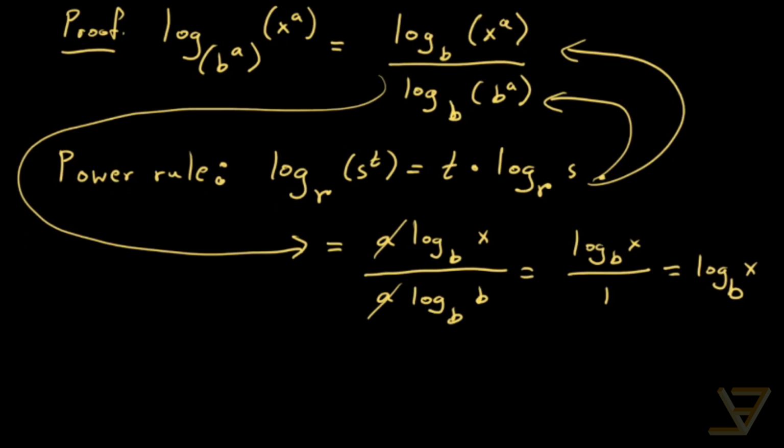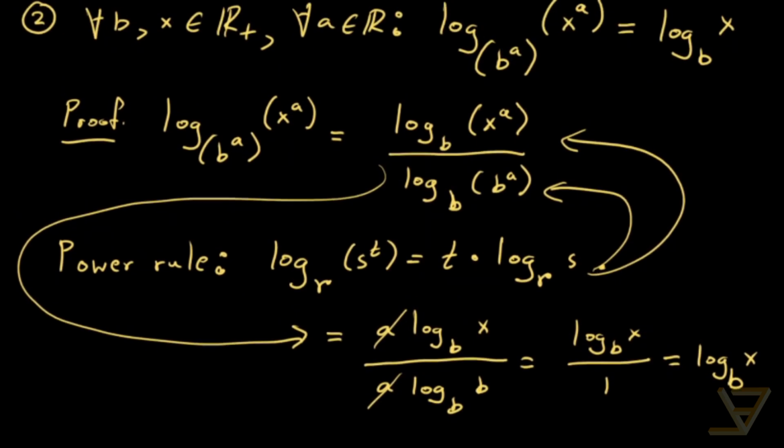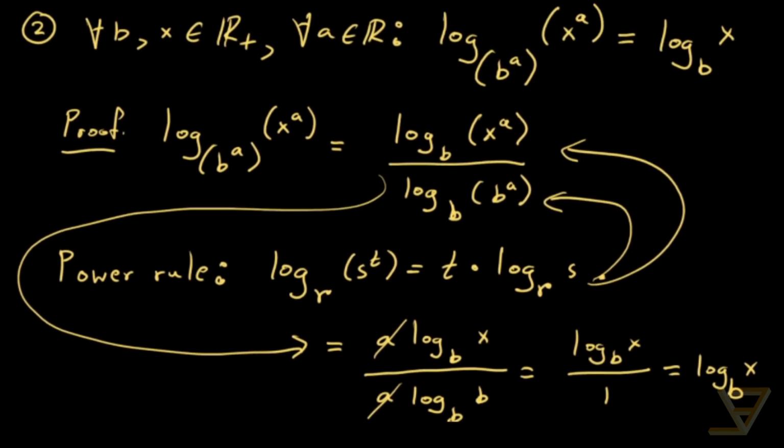Now there is one sticky point, which is the possibility that a is equal to 0. And if a were equal to 0, then we would have log 1, 1.